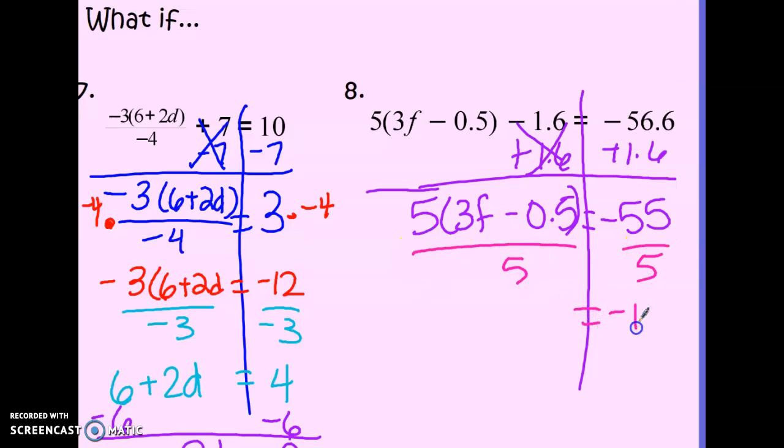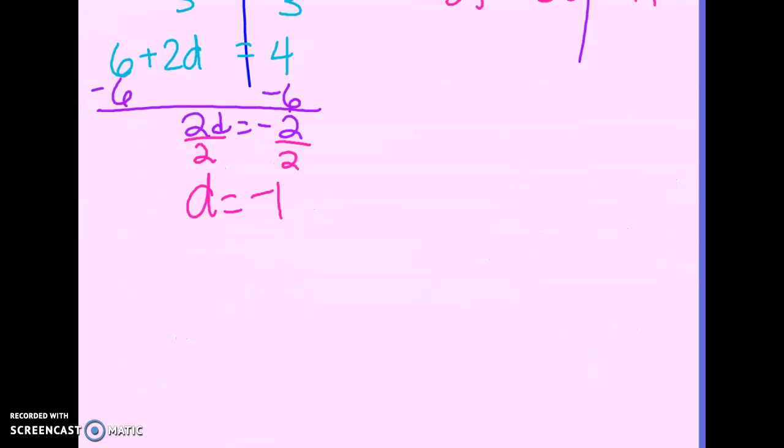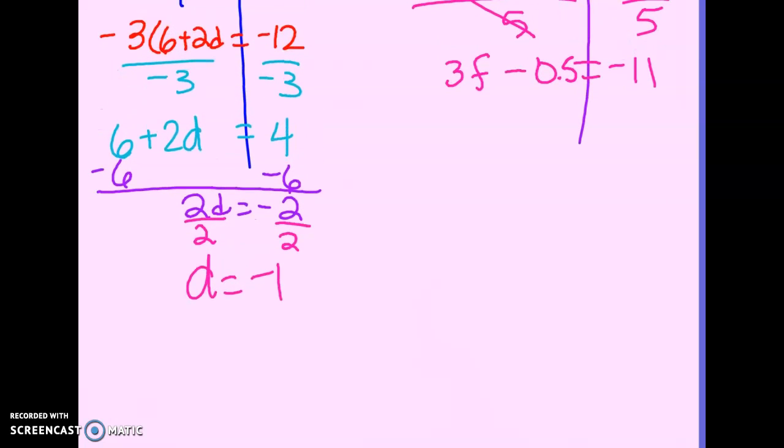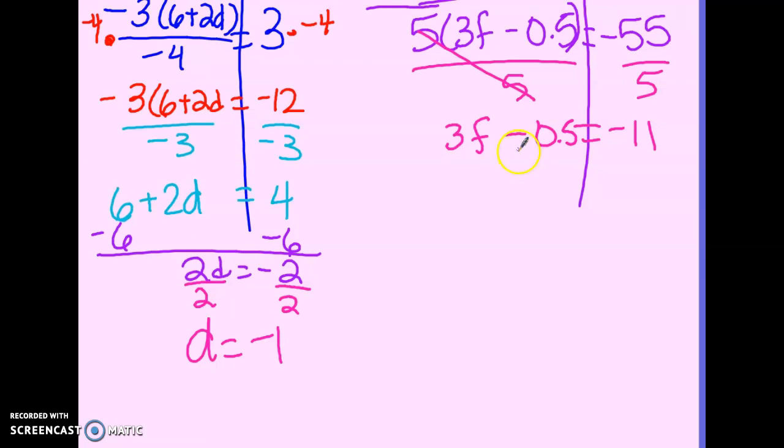That leaves me negative 11. And then 3f minus 1/2. My next step would then be to add this 1/2 to both sides.